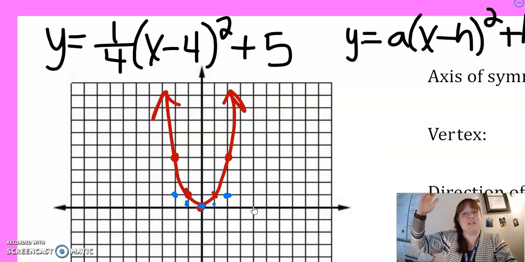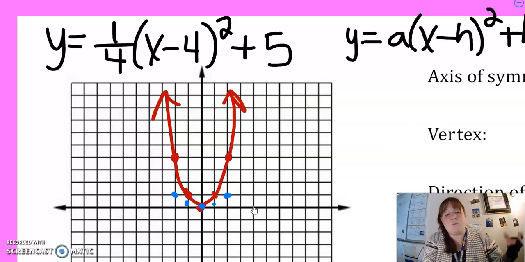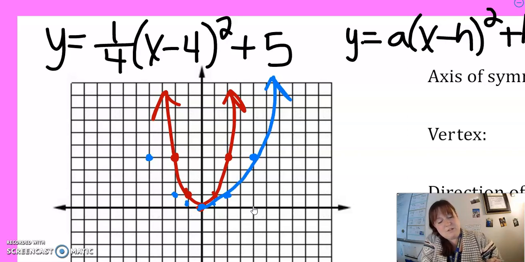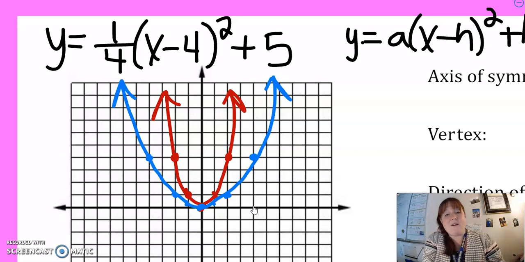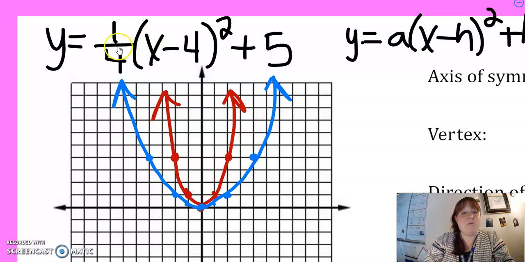So if I take 16 and multiply it by 1/4, I get out 4. So I go 1, 2, 3, 4, 1, 2, 3, 4. So when I input 4, I'm actually going to get out 4 as well. So this blue function is what it looks like after I take my y values and multiply them by 1/4.